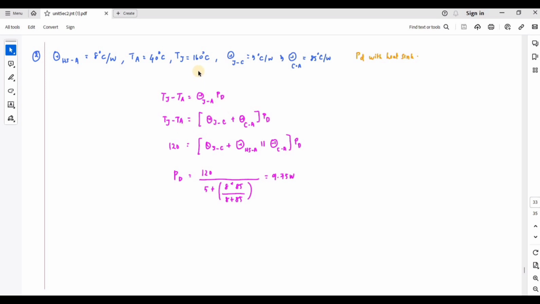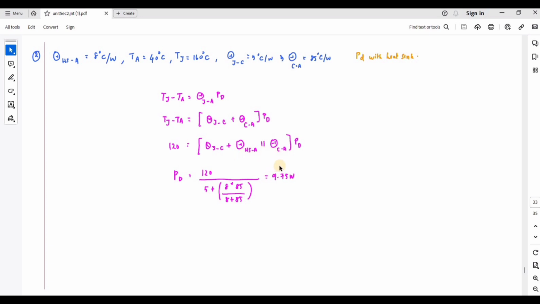Tj is 160 and Ta is 40, so we will get 120. We need Pd, so Pd is equal to 120 divided by this value. J to C is 5, and for this parallel, if I take x and y, it is xy divided by x plus y.